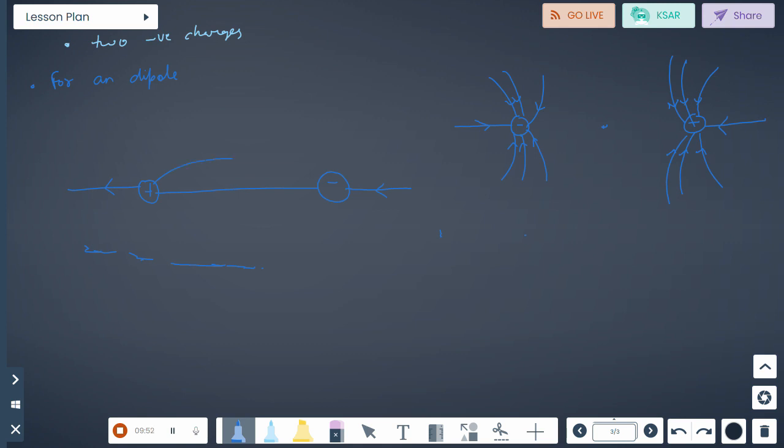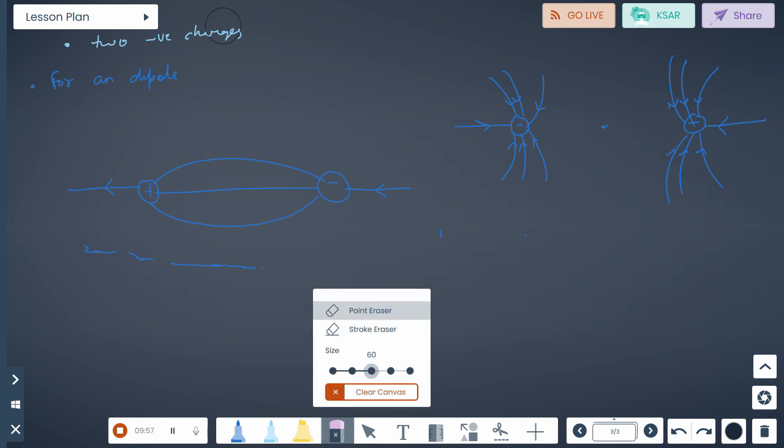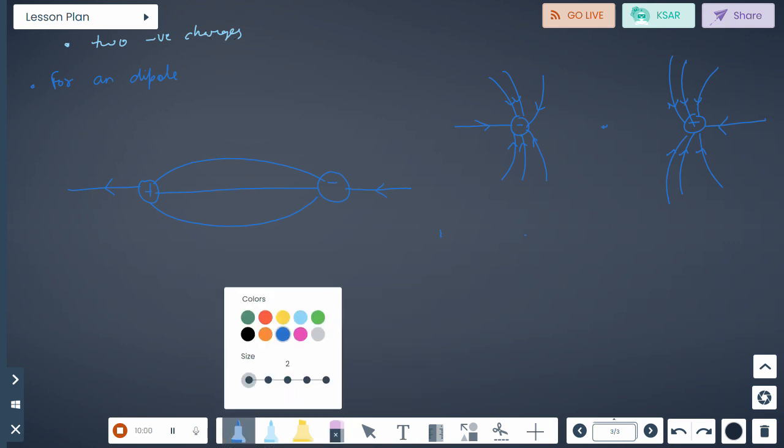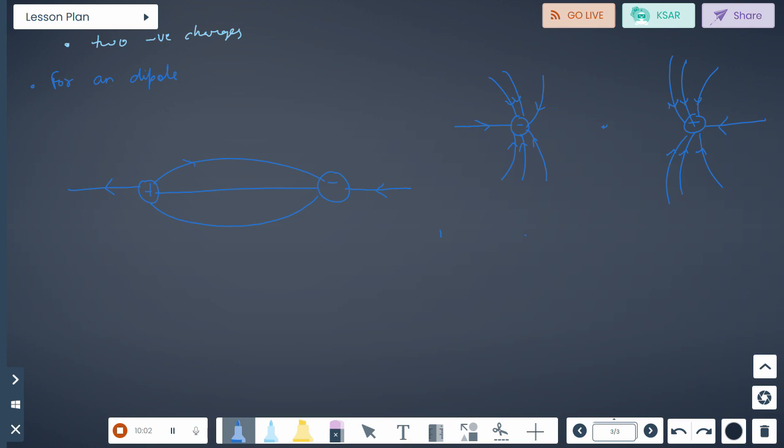So the diagram between them is like this, radially inward for negative charge and radially outward for positive charge.